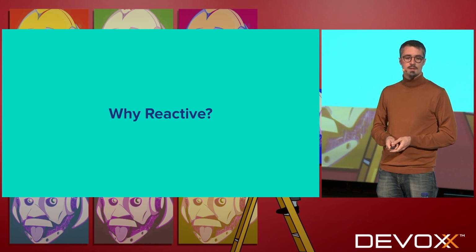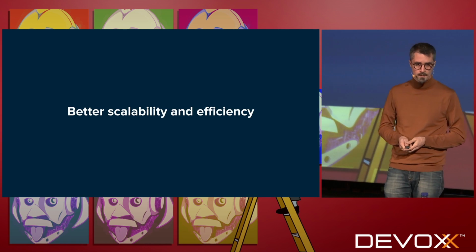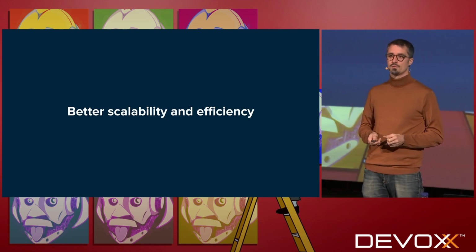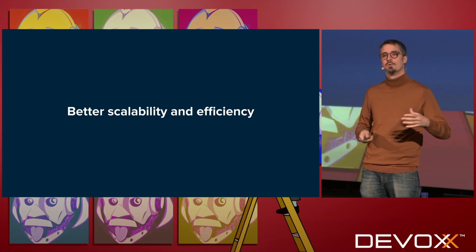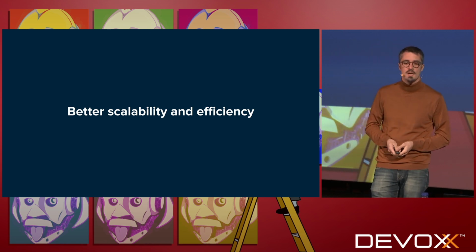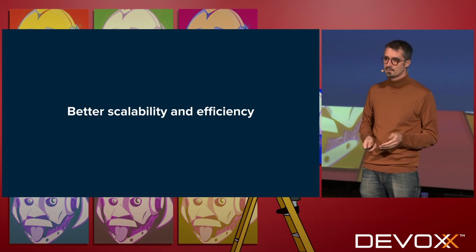So we are now going to talk about why reactive. With Spring Framework 5, we introduced a new reactive stack in parallel to Spring MVC and Tomcat, which is more blocking style, to provide better scalability and efficiency. Typically, the Spring MVC and Tomcat stack is using a lot of threads.